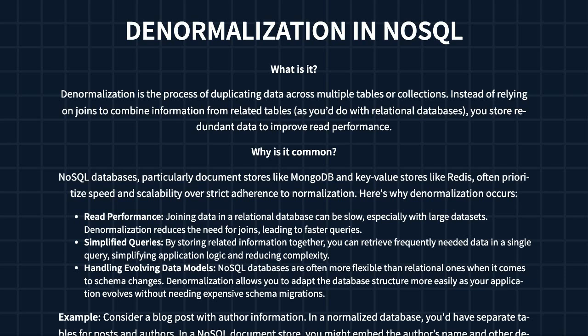When you need to retrieve information frequently, let's say the author of a blog post, it's faster to have that author info right there in the same document as the post itself than to have to run a join later on. It simplifies queries, and it makes it easier to adapt your database as your application grows. Think of it like this: NoSQL databases are often more flexible and forgiving with data structure changes.